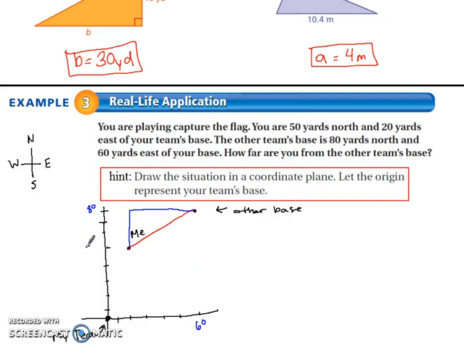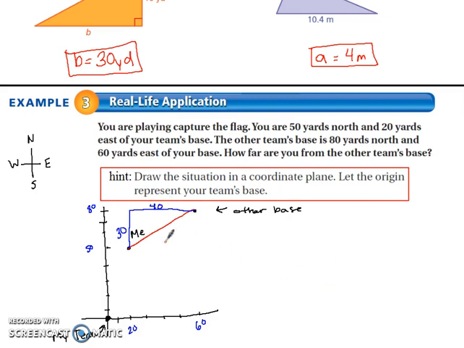Remember that we were 50 yards north and 20 yards east. So we can use these numbers now to determine the length of each of these legs. From 50 up to 80, that tells me that the length of this leg is 30. From 20 over to 60 tells me that the length of this leg is 40.